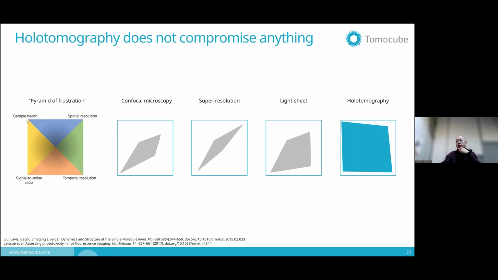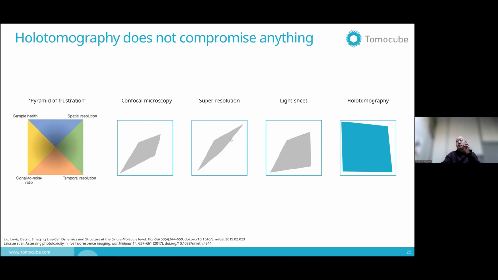But each technique has different pros and cons. So for example, if you look at the confocal microscope, their SNR is great because of the use of fluorescent protein. But the speed, sample size, and temporal resolution are somewhat limited.